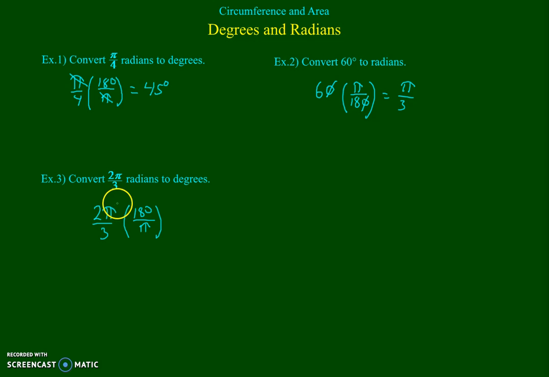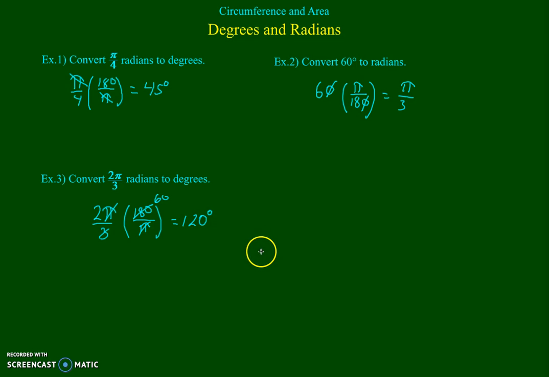And again, these pi's are going to cancel out. And we can divide 180 by 3. That gives us 60. So 180 divided by 3 is 60. And 2 times 60 is 120 degrees.